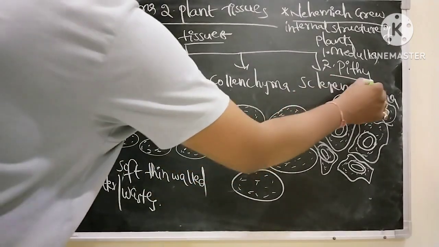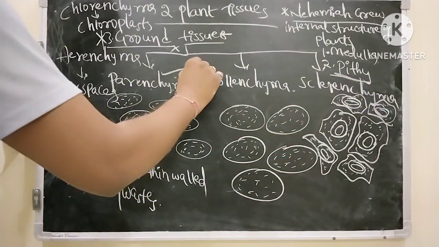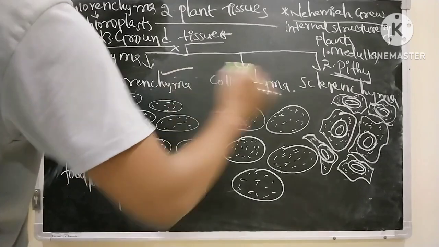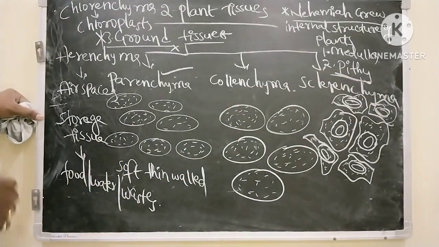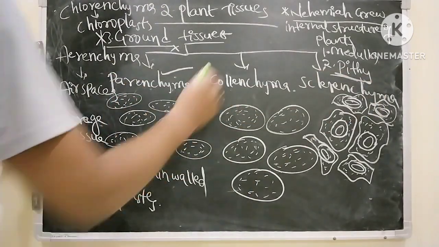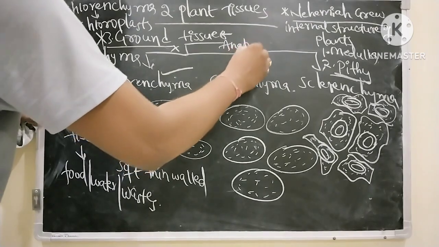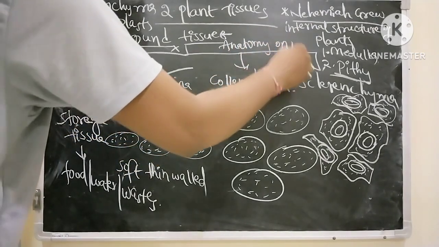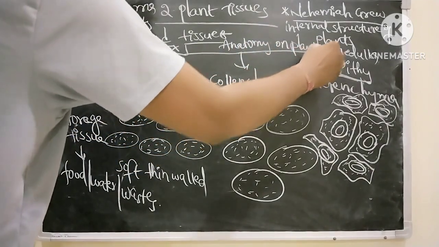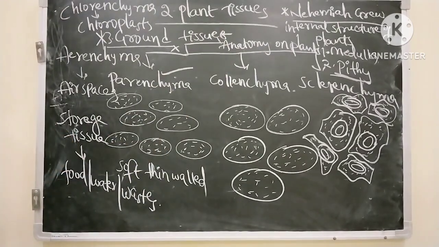Later he called the pithy part parenchyma; he gave the word parenchyma to the pithy part. He also published a book called Anatomy of Plants. So this is about the ground tissue.